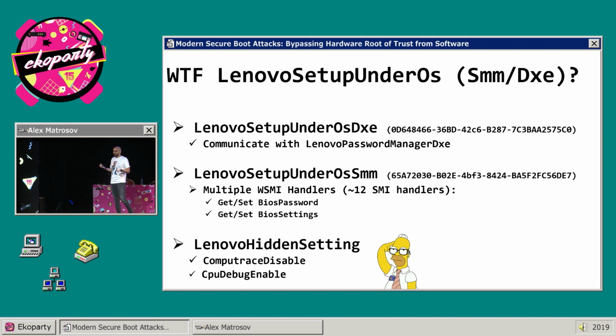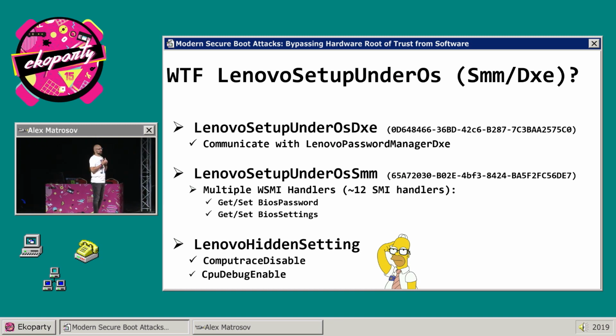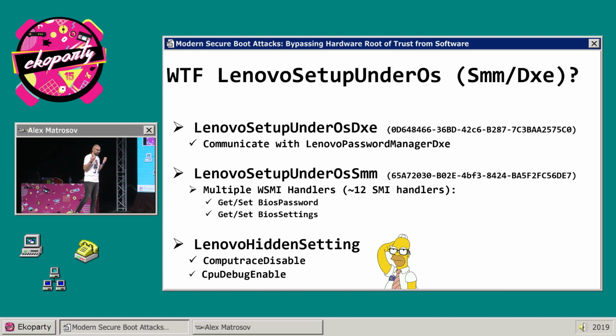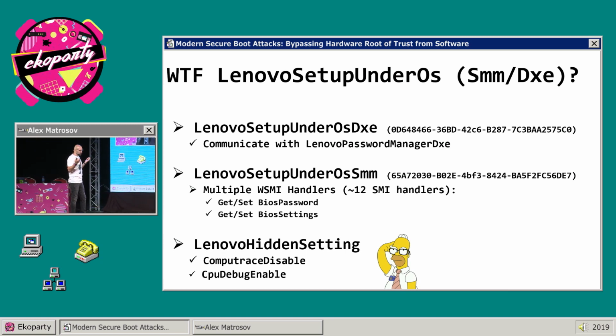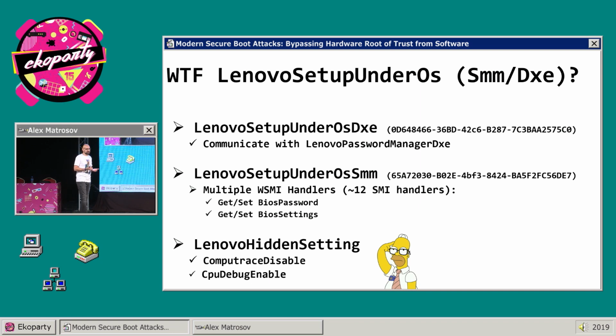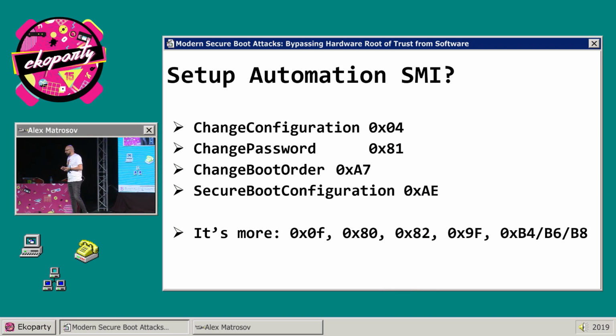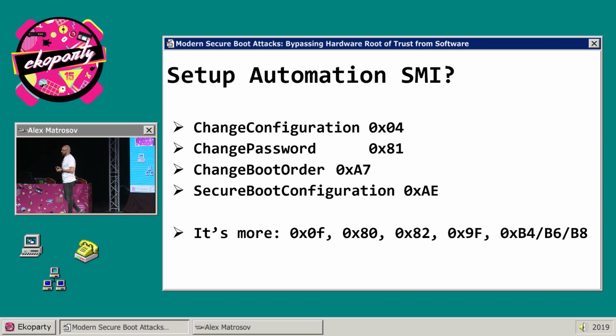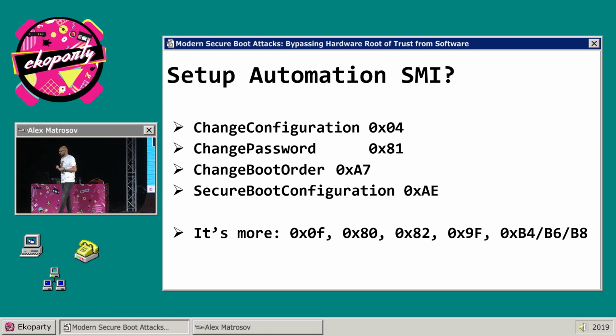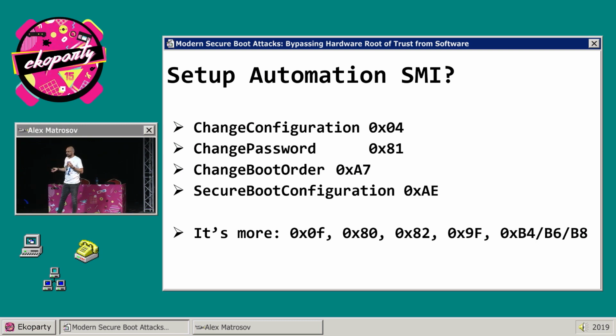It has two functions, for Computrace enable and disable. And Computrace, if you don't remember, is kind of a rootkit for tracking your laptop. This technology was developed for anti-theft purposes, but honestly, it has already been used for malicious purposes by some of the APT attackers. And Setup Automation has 4 SMI handlers for configuration, password, and boot order.